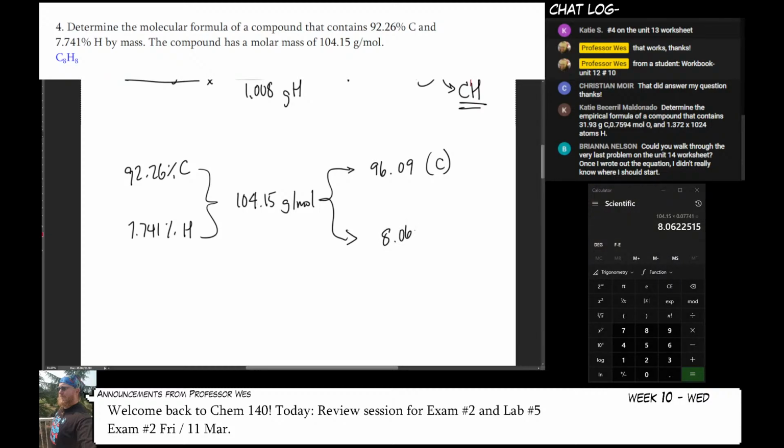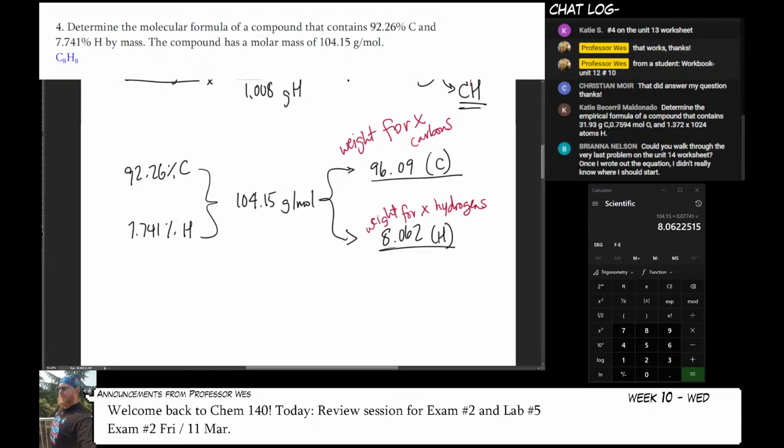And I get 8.062 for hydrogen. And then what we're going to do is divide each of these by what a single one of these weighs, because these numbers are the weight for X carbons, and this is the weight for X hydrogens.